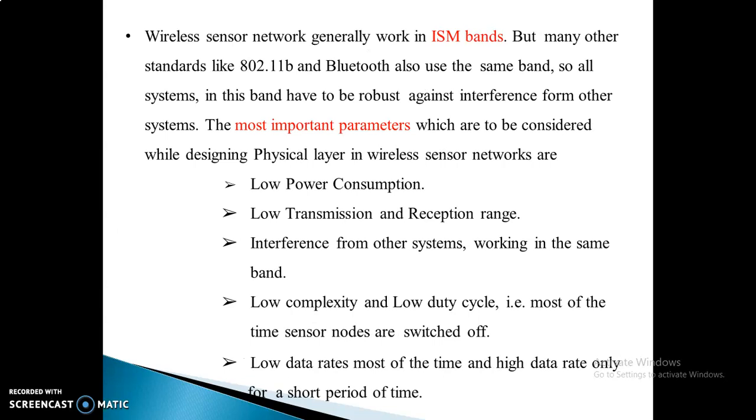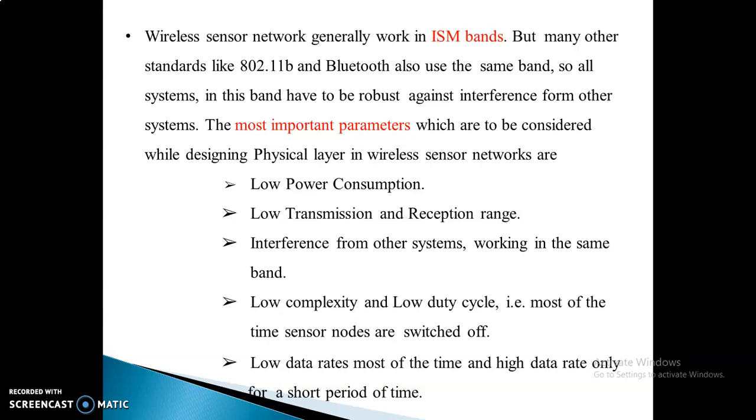In the WSN model, there is a band called ISM. What is the ISM band? ISM stands for industrial, scientific and medical. Out of this ISM band, they can choose which band to use. These are license-free bands from the required organization.